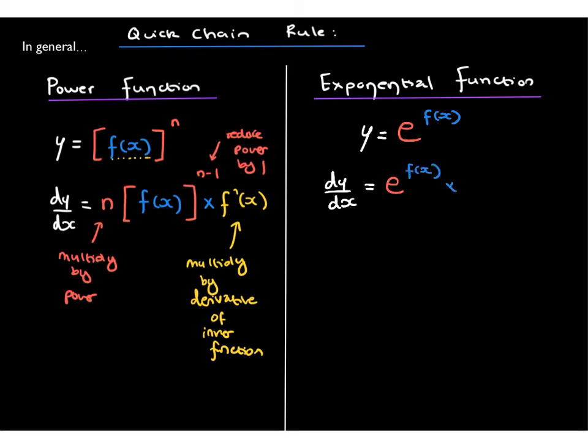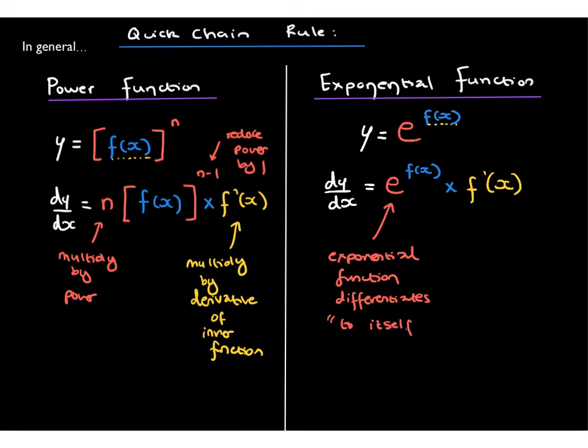But what we then have to do is multiply by the derivative of the inner function, so we multiply by f dash x. So again, a slight difference here. Exponential functions differentiate to themselves. But we must make sure we multiply by the derivative of the inner function in the composite.